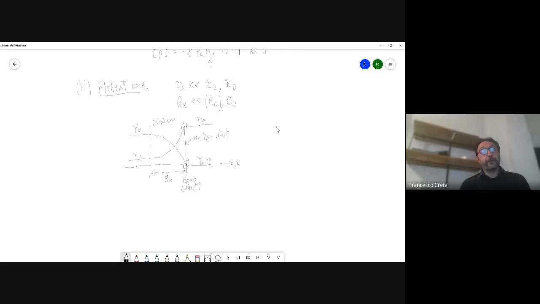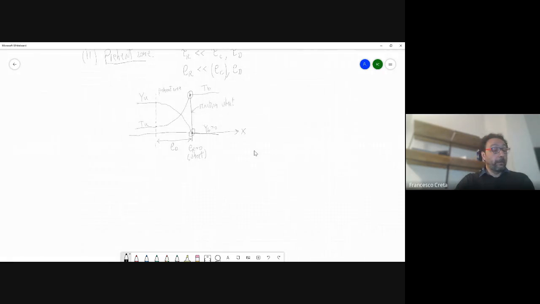Because clearly we have a situation where far downstream here, the conditions are fixed by the reaction sheet, and far upstream here, the conditions are different, and they're going to be fixed by the inflow. So in between, you're going to have essentially the onset of gradients. And when you have gradients, then you have essentially transport of some sort, especially diffusion.